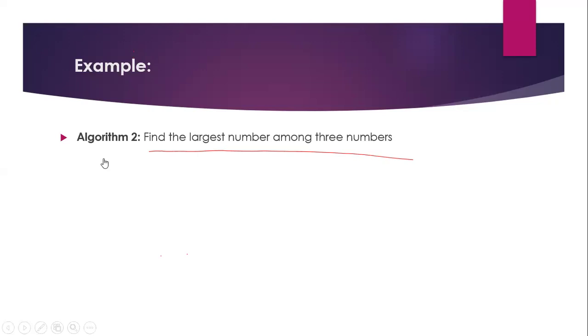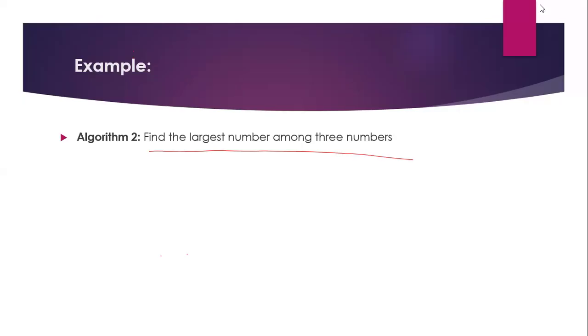It's right, but you have mentioned comparing number one and number two. When you're writing an algorithm, you cannot say it like that. You should say how you compare it. Otherwise it's okay. Let's move on.